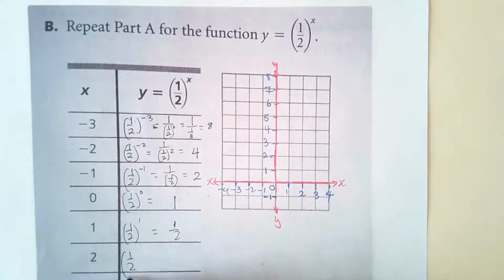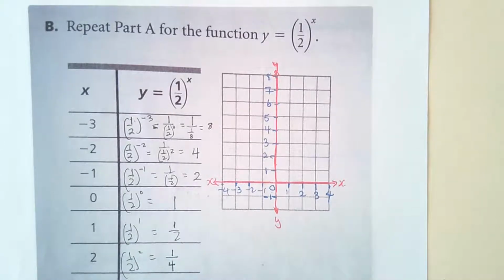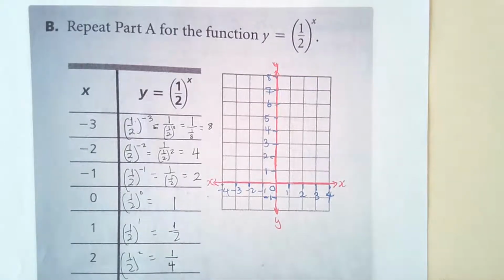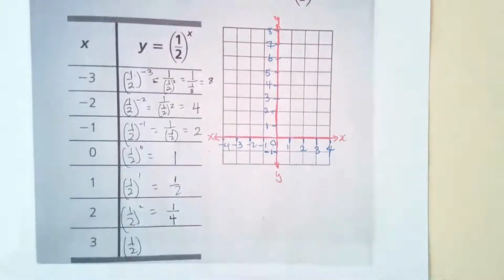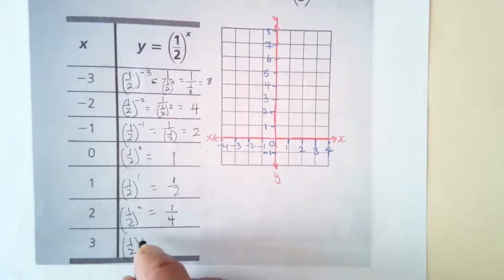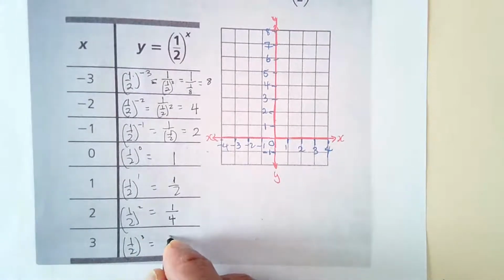One half to the power 2 is 1 over 4. And (1/2) to the power 3 is 1/8.